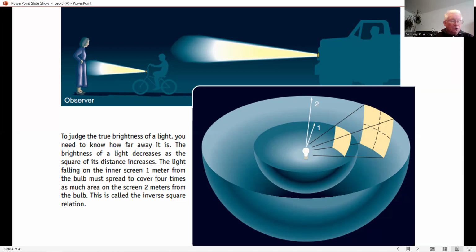Now that you know how to find the distance to a star, I hope you remember this, right? So you can use those distances to figure out the intrinsic brightness of the star. Intrinsic means belonging to the thing. So the intrinsic brightness of a star refers to the total amount of light the star emits.